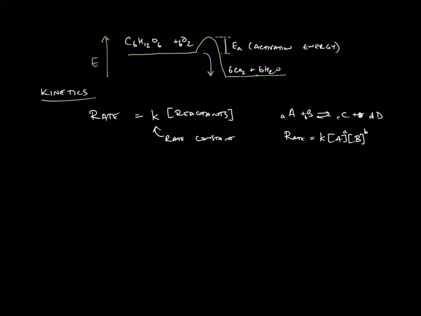So this little k involves activation energy, and I'm not going to really worry about why. It also involves temperature. It involves collision, basically your chances of things bumping into each other. So you know that if you chop wood into sawdust, it'll burn a lot faster because there's more interactions with the oxygen. So there's more stuff going on in there, but in general, consider that the rate is throttled by that activation energy.